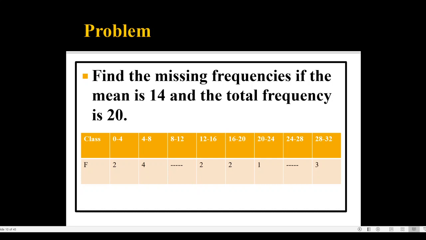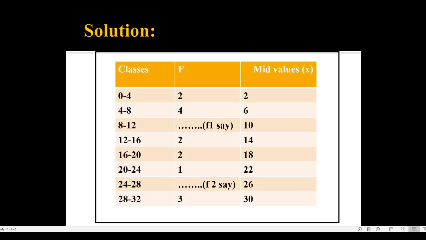First, we have to calculate the class marks of the given classes. See here, the first class is 0 to 4. Therefore, the first mid value is upper limit plus lower limit upon 2, means 4 plus 0 upon 2, means 4 upon 2 is equal to 2. Then the second mid value is 8 plus 4 upon 2, 8 plus 4 is 12, 12 upon 2 is 6.